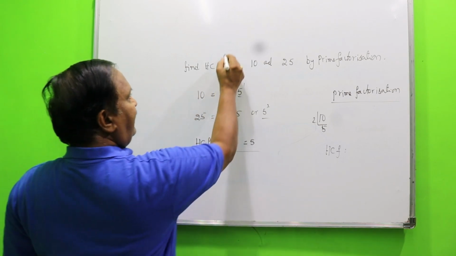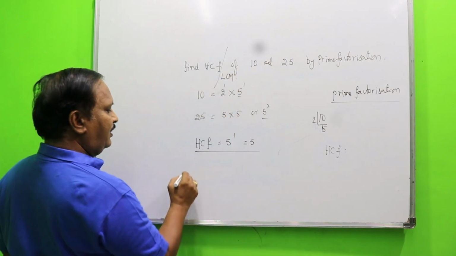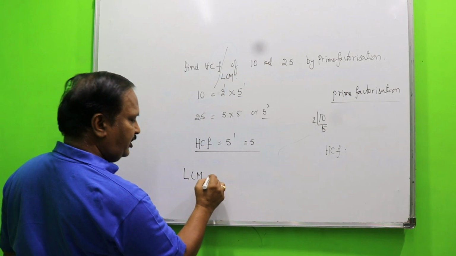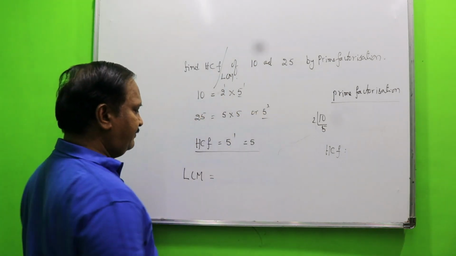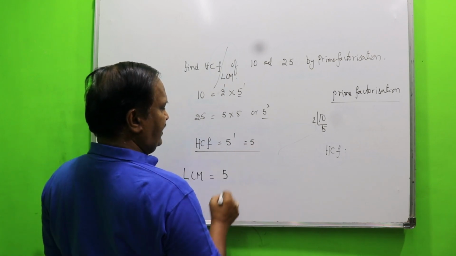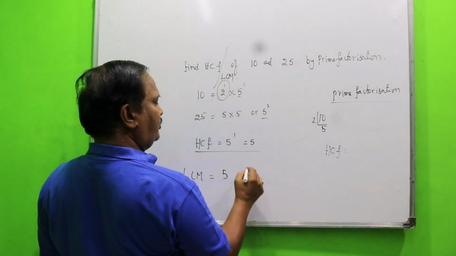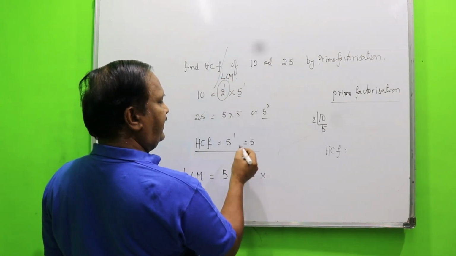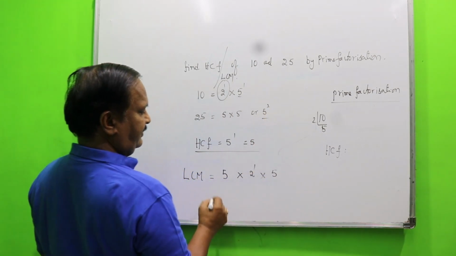Then in the same way, I will do LCM also. No need to do the prime factorization again because already we have done. So you write this HCF 5 to the power of 1 into, here what is left? 2 is left. And here out of 5 square, 5 came here and 5 is there.